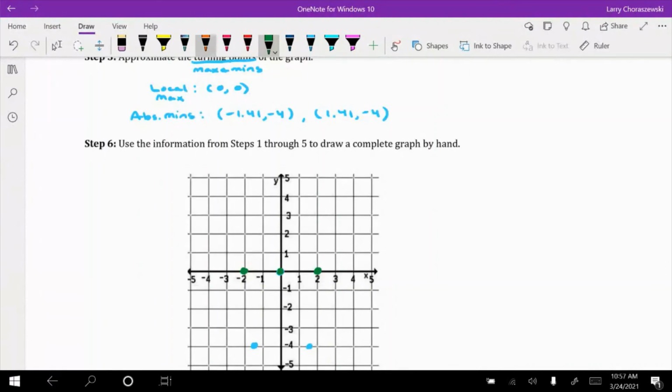And as we saw in our graphing calculator, it forms that sort of tooth-looking graph. And the graphing calculator really helps us to figure out how to connect all of these points. Right? And just a reminder that our end behavior corresponds to our result for step 1.